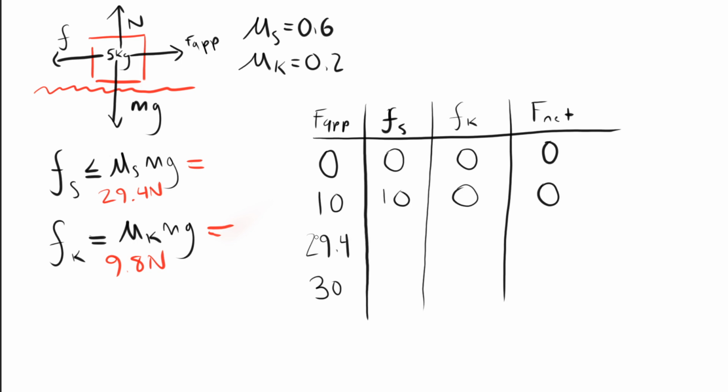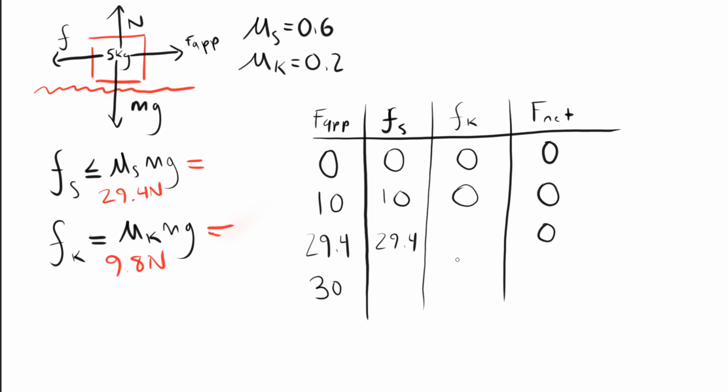What happens at 29.94, which is exactly the value right here? If I put in 29.94, that means this is going to max out the static friction value. But I haven't surpassed it, so the object's not moving yet.